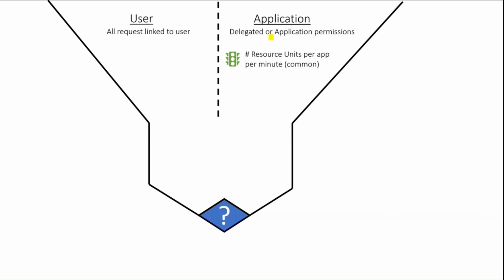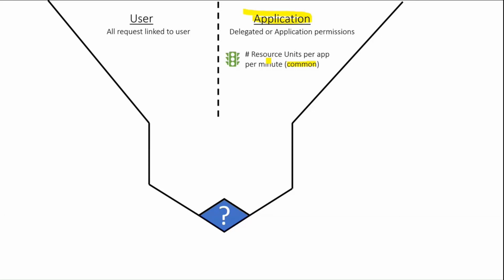The most common approach is this application model here. The first measure we have is the number of resource units per app per minute, and this is a pretty common reason for throttling. Your application can execute a number of resource units per minute, and if it goes beyond the threshold, it will get throttled.